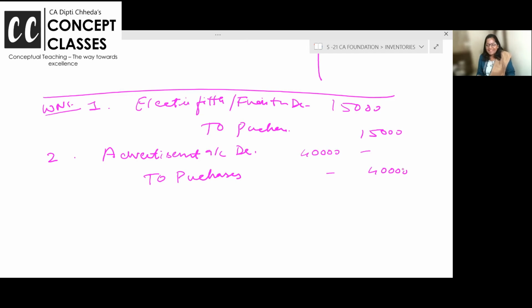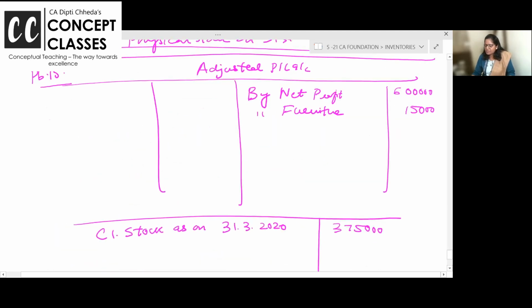I hope you all are getting it. They have not recorded it, but if you give a free sample, advertisement will be debited. Purchases will reduce. So when you reduce the purchases by 40,000, your profit will increase. And advertisement as an expense also has to be debited, right? Advertisement as an expense will also be debited. I hope you are getting it. Impact on profit is nil.